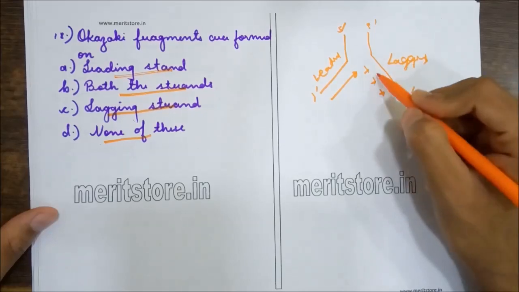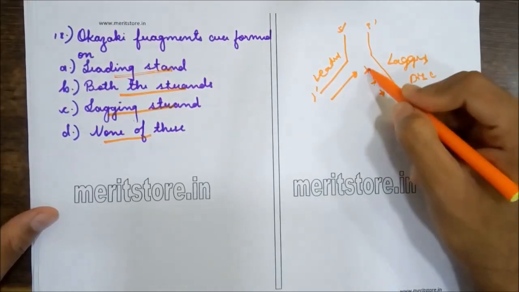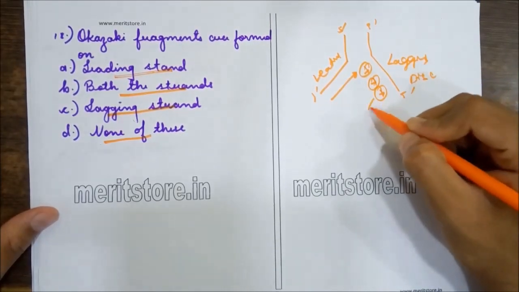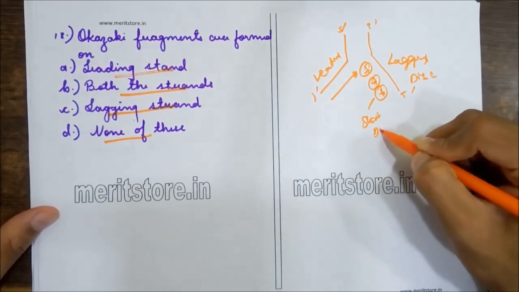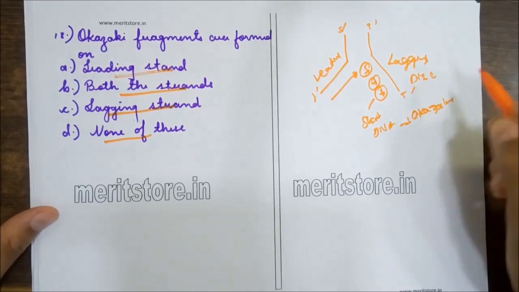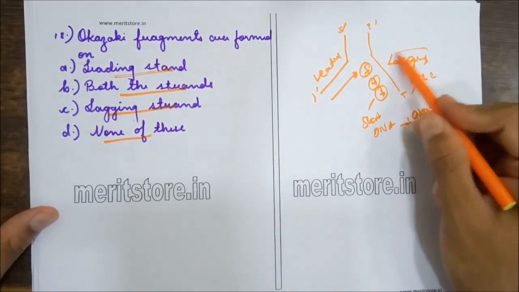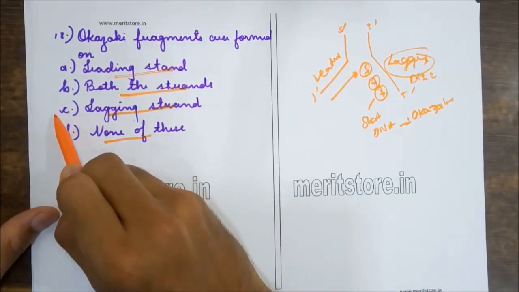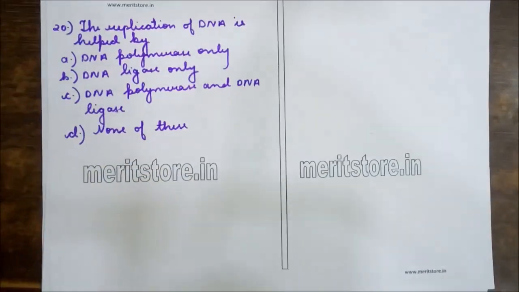This lagging strand shows discontinuous synthesis with short DNA fragments, which we call Okazaki fragments. So Okazaki fragments are formed on lagging strand. So option C is the correct answer.